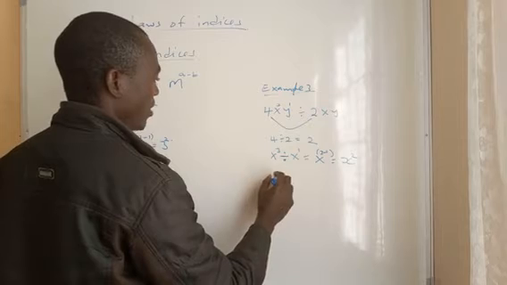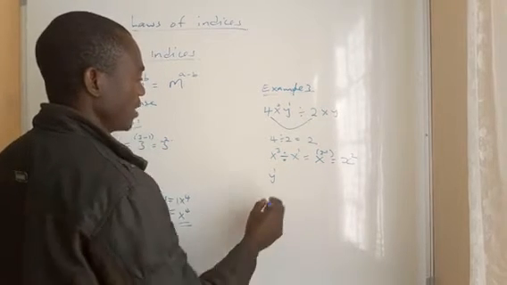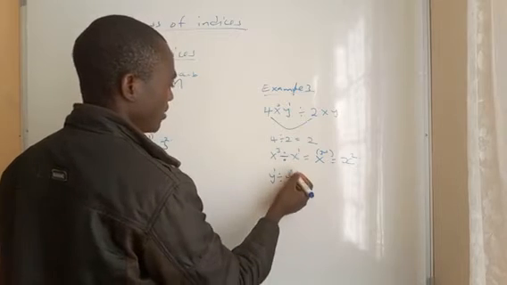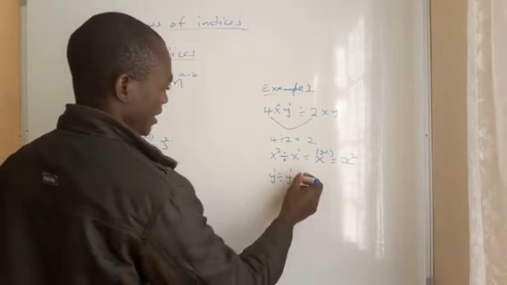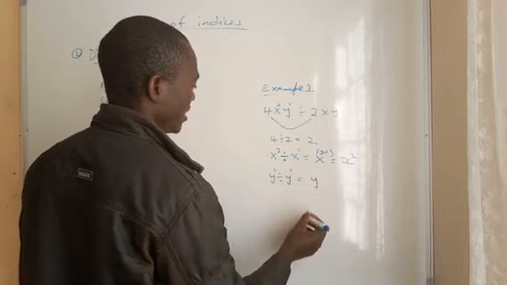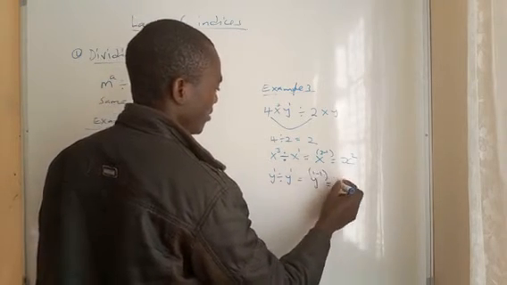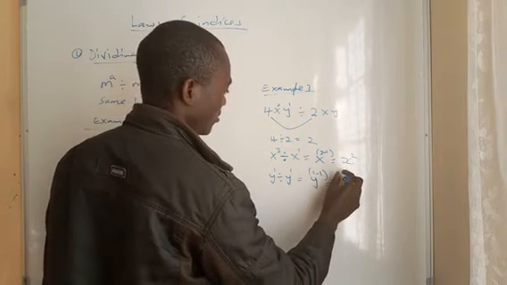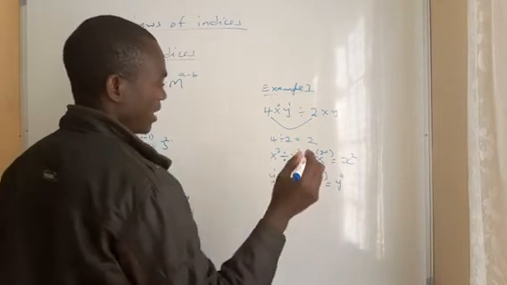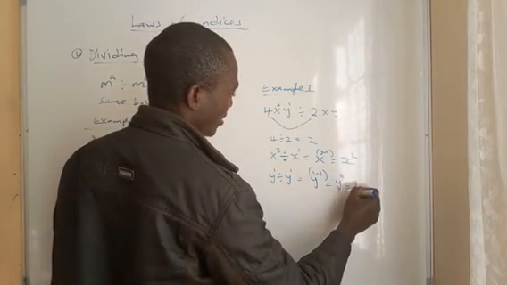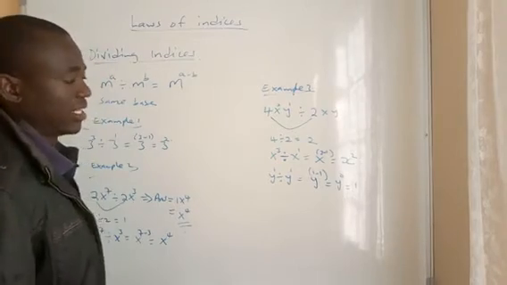I have my y to the power 1. I divide by y, that means also y to the power 1. The bases are the same, so what do I do to the power? I subtract, that is 1 minus 1, that is y to the power 0. In my later class, I'll tell you that any number raised to the power 0, the answer is 1.